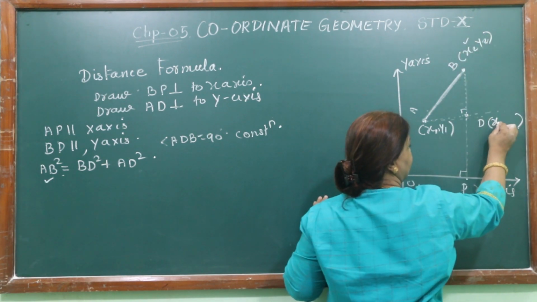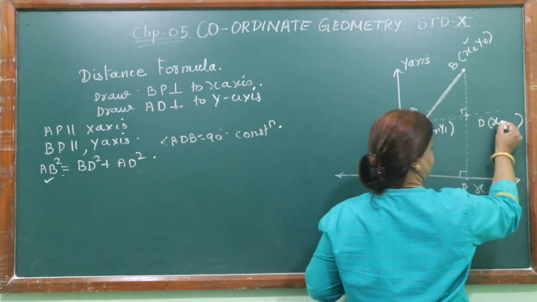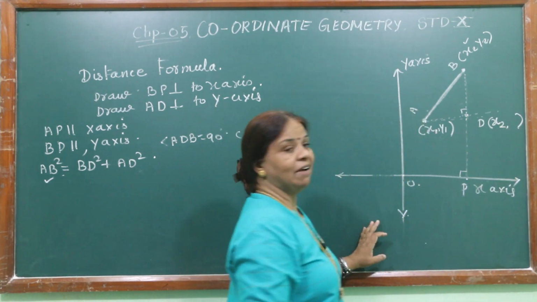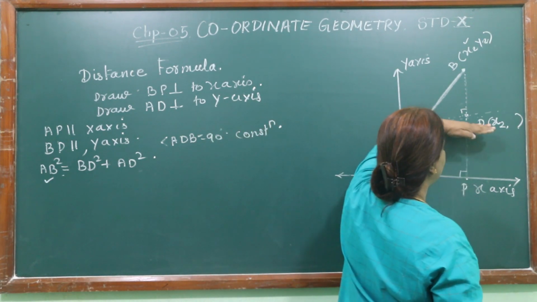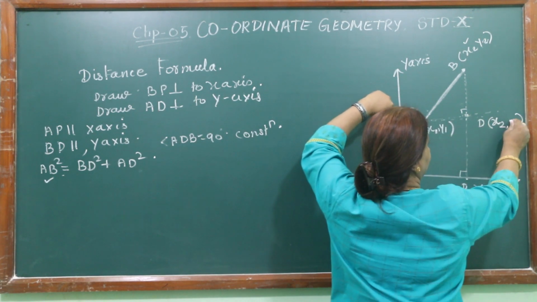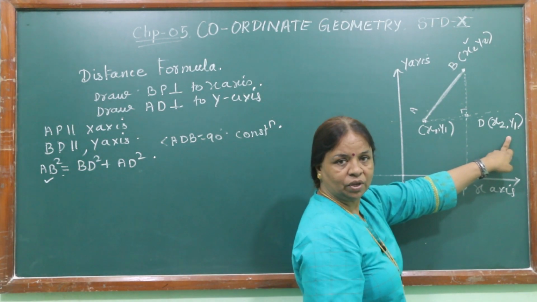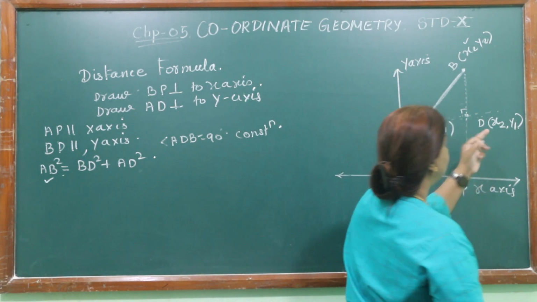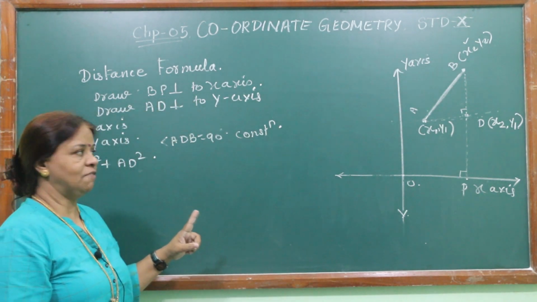So the x coordinate will be x2 only. What about the y coordinate? The y coordinate will be y1. Okay, so we got point D, its x coordinate as well as y coordinate.